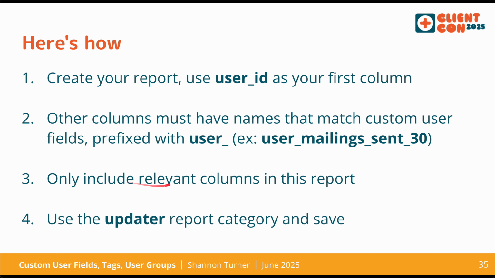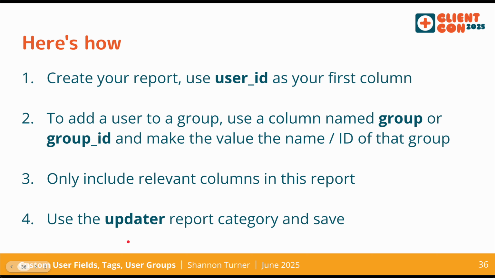You must only include relevant columns in this report, so only the user ID and what fields you want to update. Add the updater report category to your report and save. And this same process works in the exact same way for adding users to groups.